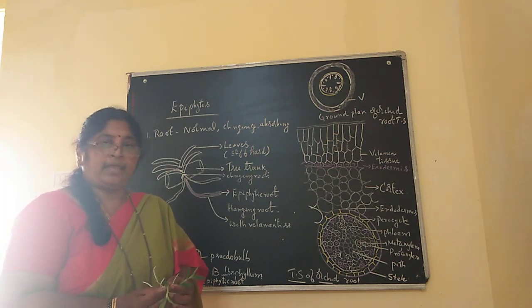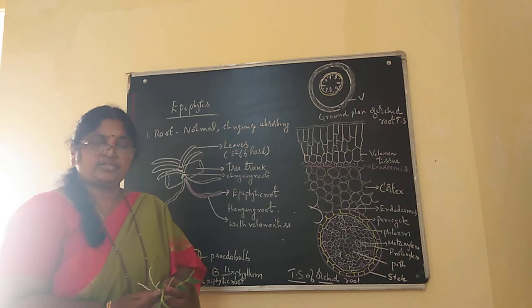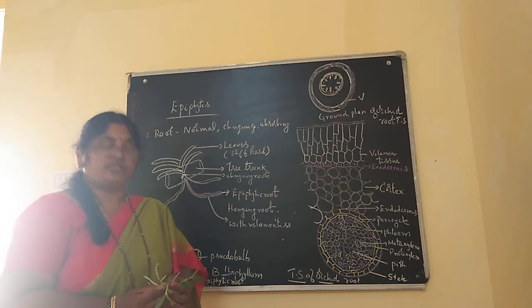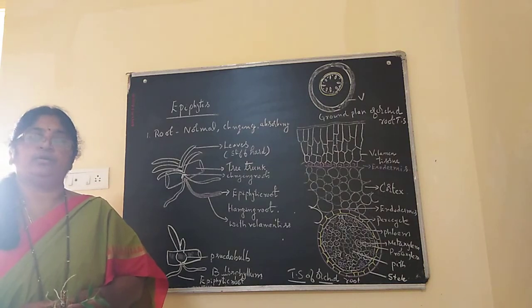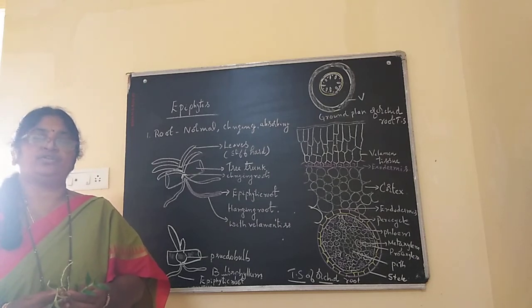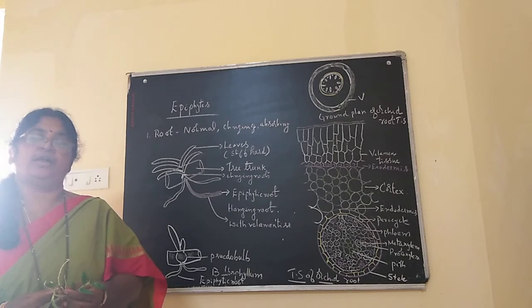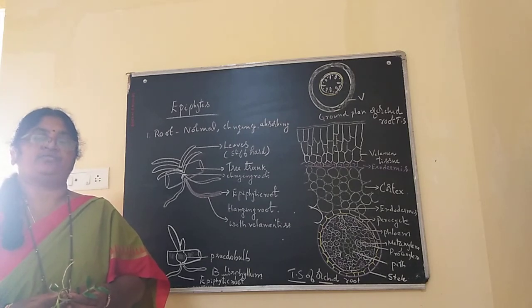In epiphytes there is a special type of root which is called the hanging root or epiphytic root. These epiphytic roots are also called absorbing roots, which help the epiphytes in absorbing moisture and also nutrients from the atmosphere.